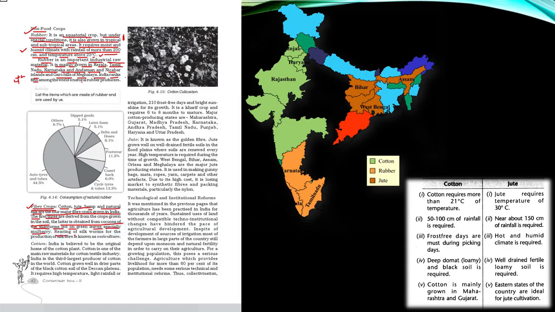Rearing of silkworms for the production of silk fiber is known as sericulture. So the process of rearing silkworms for production of silk is called sericulture. As it is said over here, it is produced from the cocoons of the silkworms, and that is how silk is derived. The other fiber crops, that is cotton, jute and hemp, are grown from the crop.